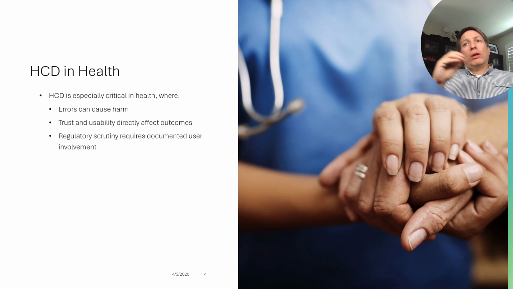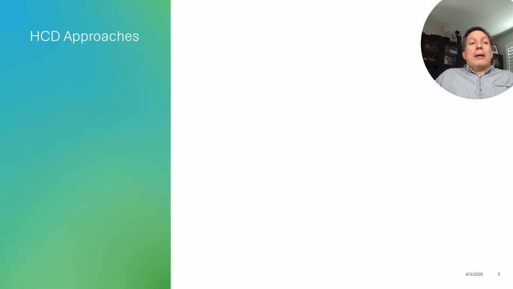We can create morbidity, we can create mortality, and that's harm. Also, since we have that risk, there is a lot of scrutiny and regulation around health information systems, and we need to document how the user has been involved. That's why the user, in the concept, needs to be part of the team when we are designing systems.